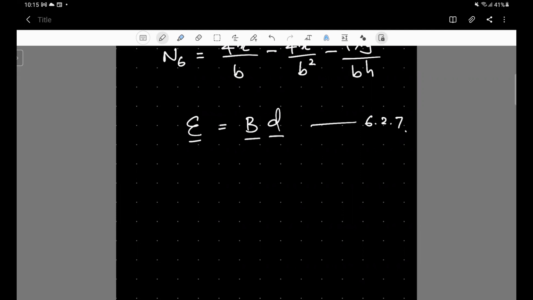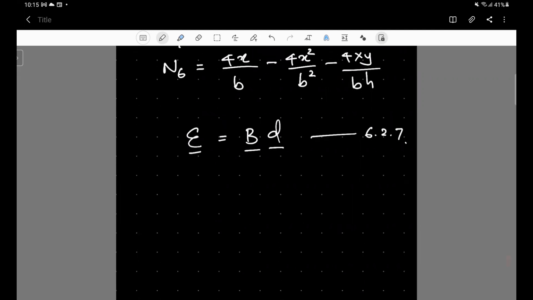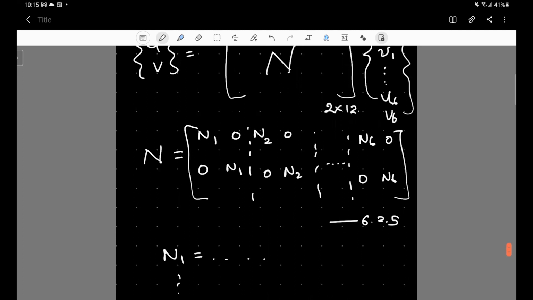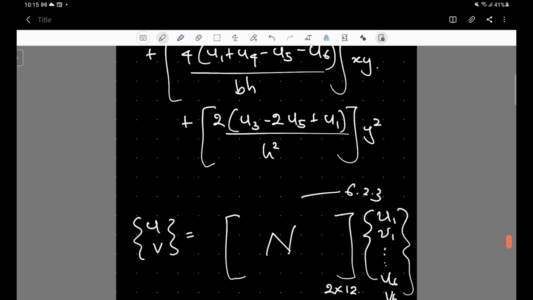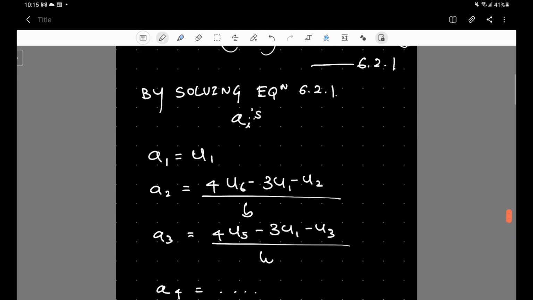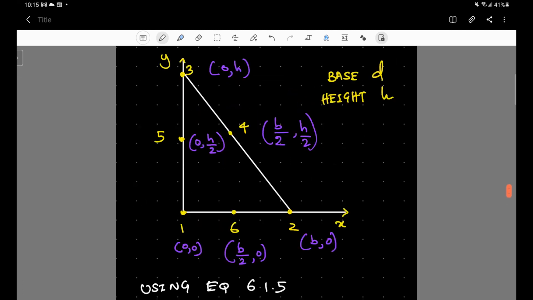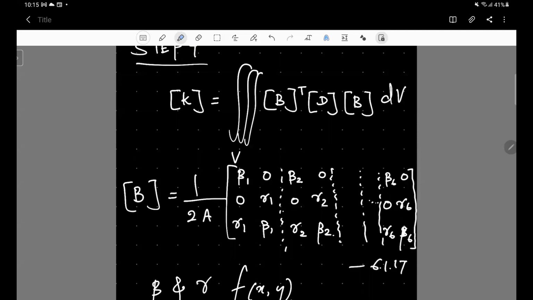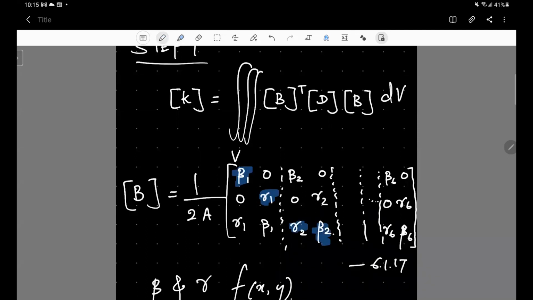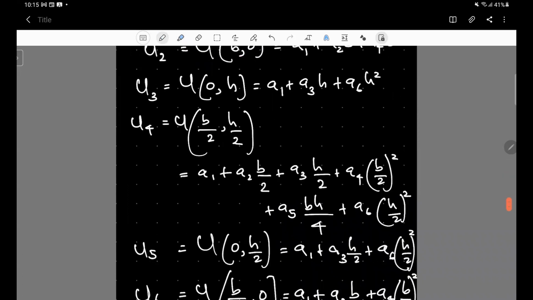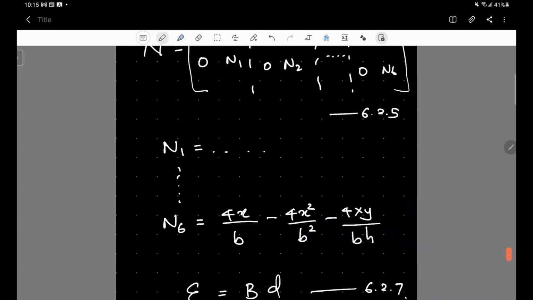These beta and gamma terms can be calculated. So these are functions of nodal coordinates, calculated by solving this equation.